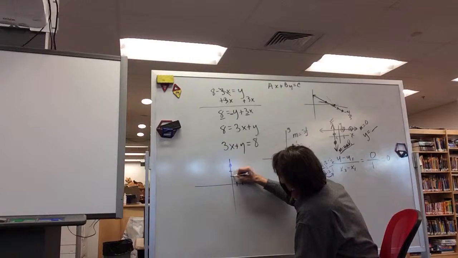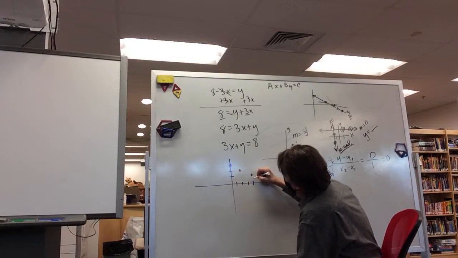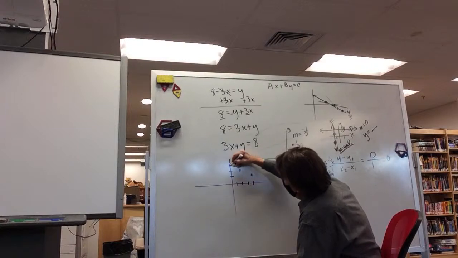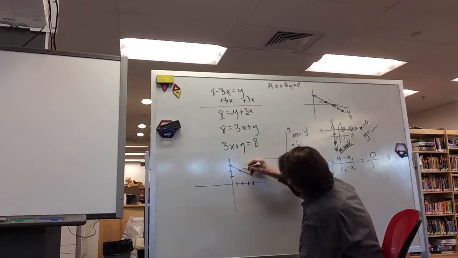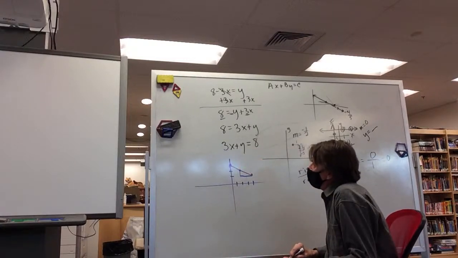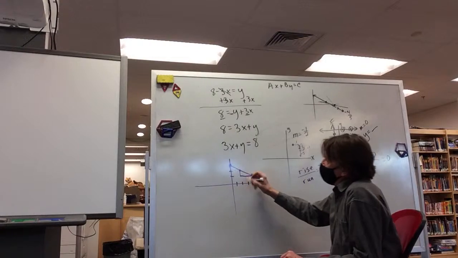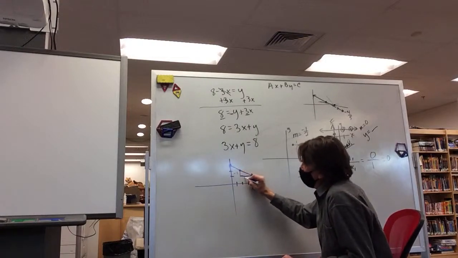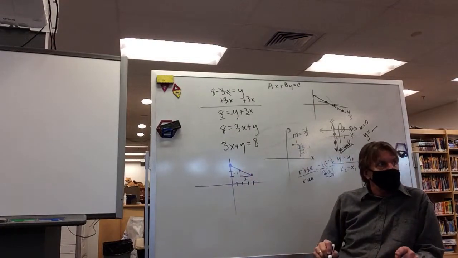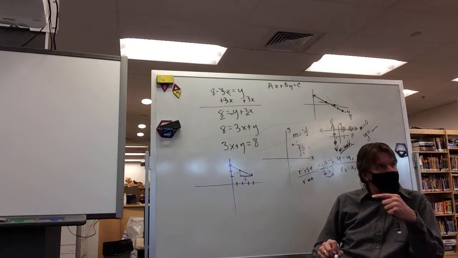So then down 1 more over 2 more. So each of these is a step like this that goes down 1 and it goes over 2. Does that make sense? Okay.